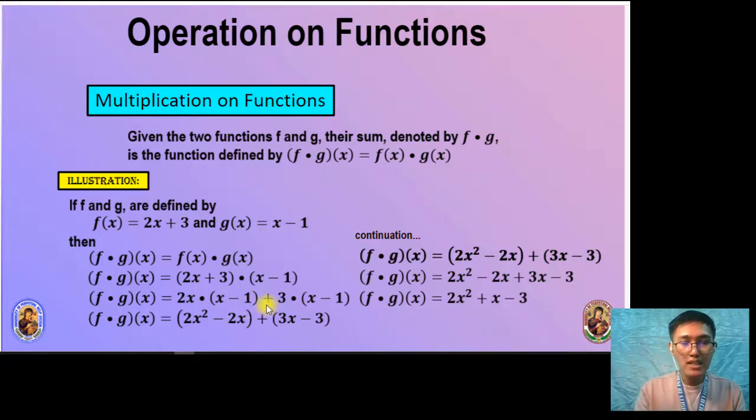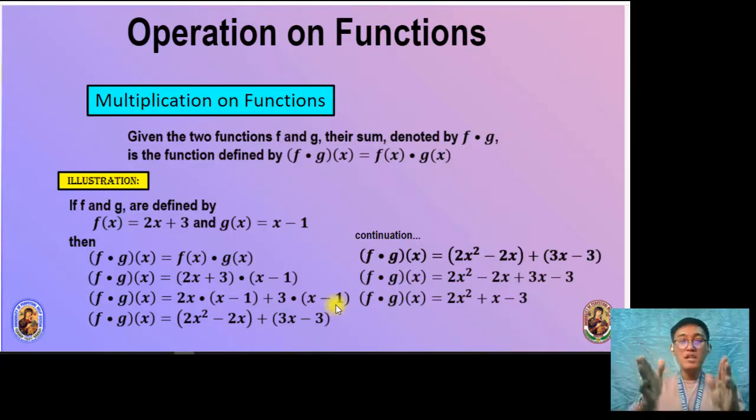Then plus, whatever the sign here, you should follow. It is positive now, so plus. Then x minus 1 multiplied by positive 3, and we have here plus 3 times x minus 1.